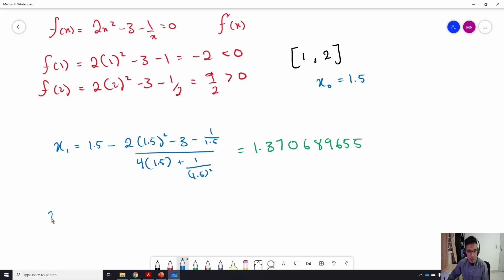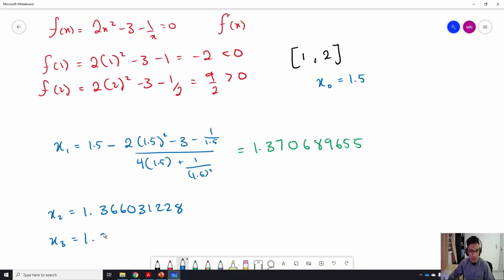But first we proceed to x2. You substitute the value of x1 into the formula, and you will have x2 equal to 1.3660312228. So the first 2 decimal places are not the same as x1. Then we proceed to x3.